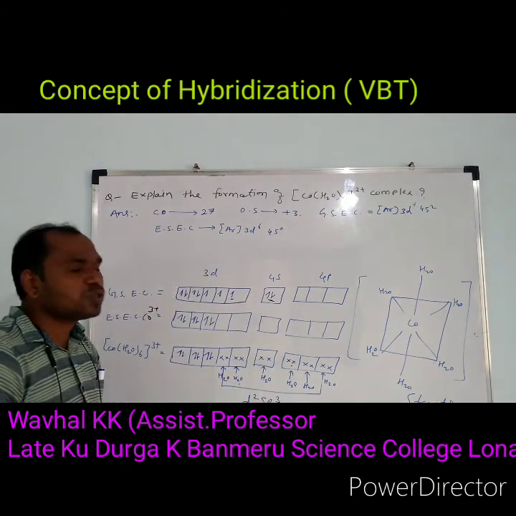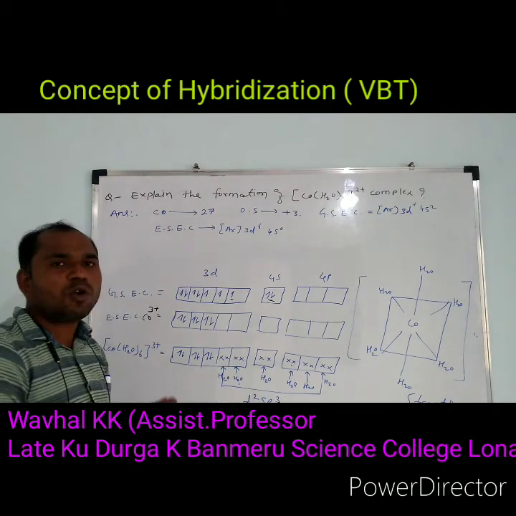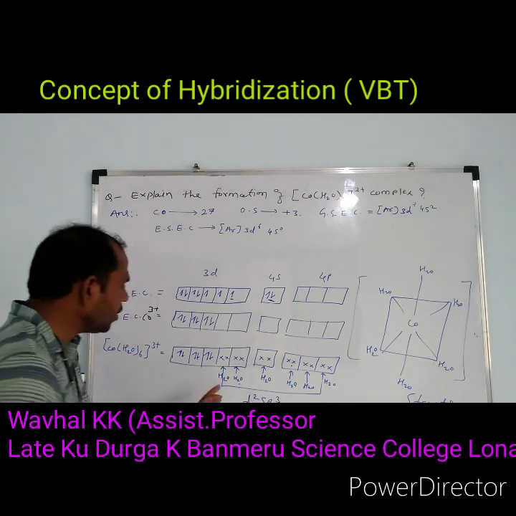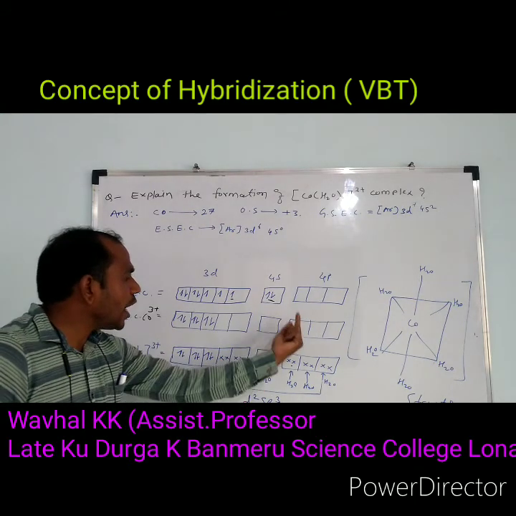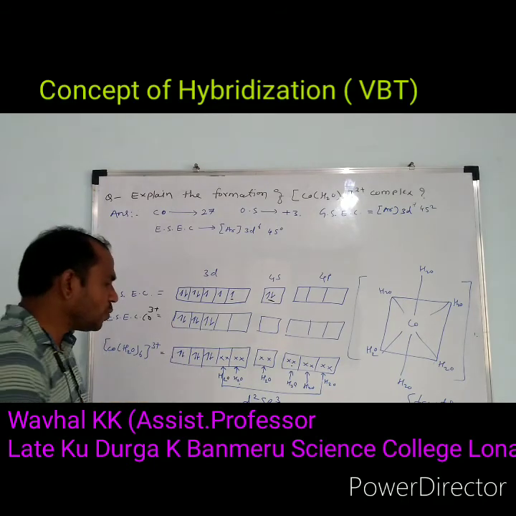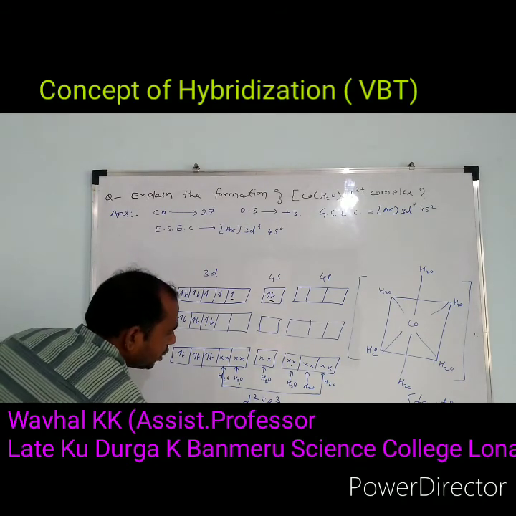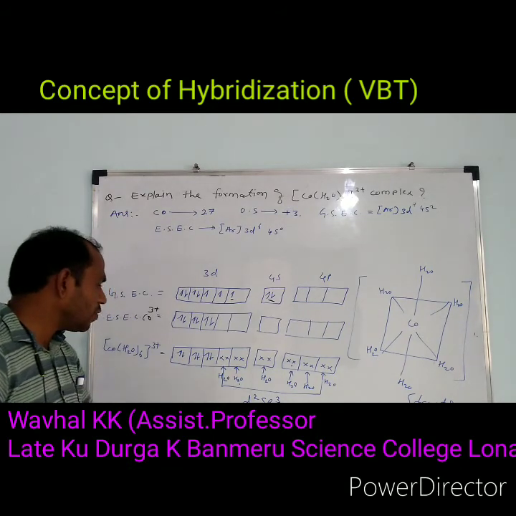Hence 6 molecules donate 6 electron pairs into the vacant orbitals. When the 3d, 4s and 4p orbitals undergo hybridization, d2sp3 hybridization is formed.